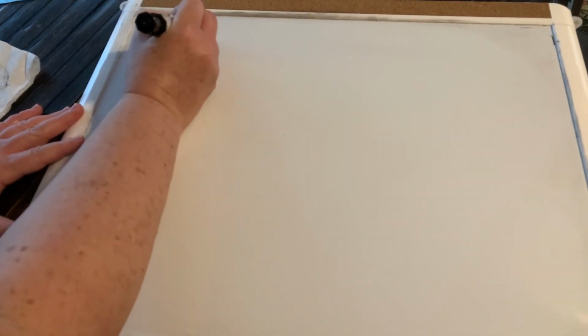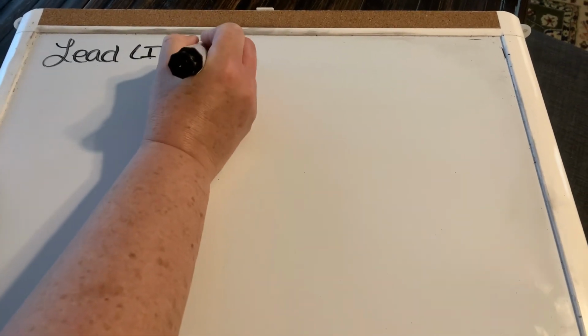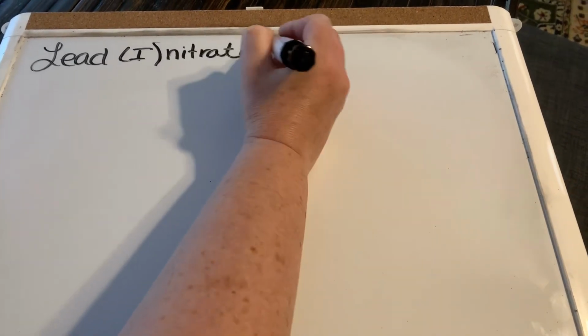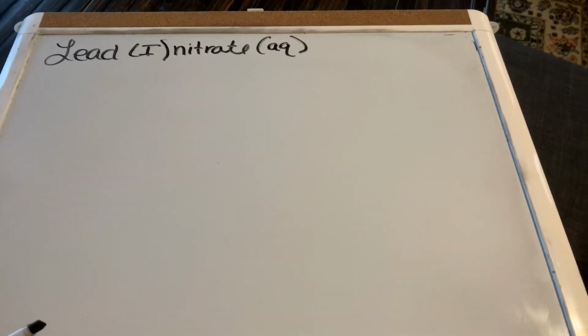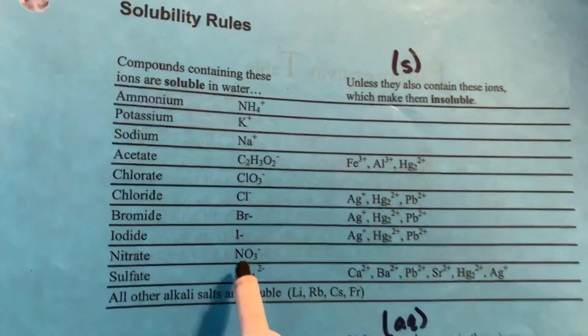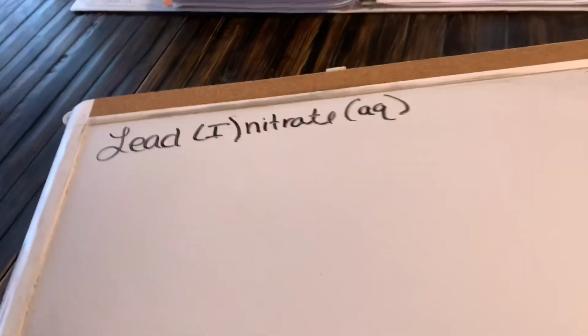Now, this is where this starts to get a little bit more involved. They're going to tell you that you have lead(II) nitrate, and that's aqueous. They'll tell you somehow that that's aqueous. I know it's aqueous because NO3, nitrate, has nothing in its exceptions. I'll explain that later.